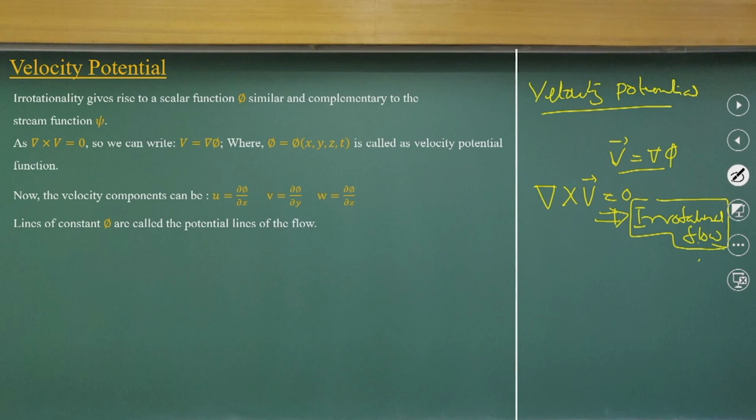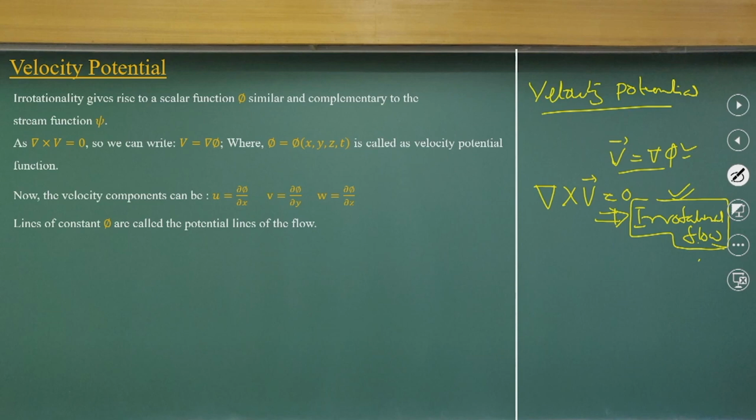So, in those regions of the fluid space we can apply the velocity potential function. That is the advantage: instead of taking 3 scalar components u, v, w, only phi, the scalar component, will be enough for us to solve the problem. That is the advantage, but the condition is that it should be irrotational flow.